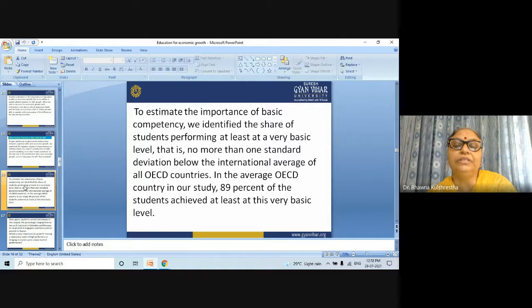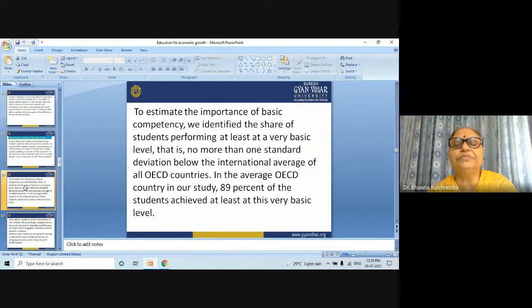In the average OECD country in our study, 89% of the students achieved at least this very basic level.